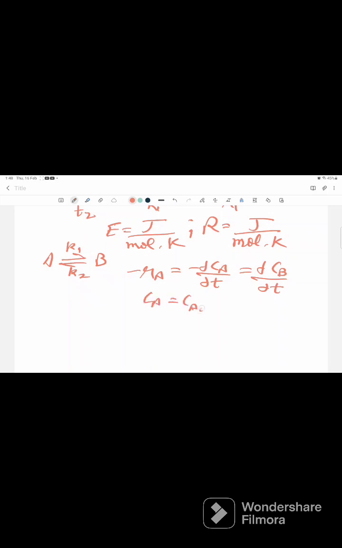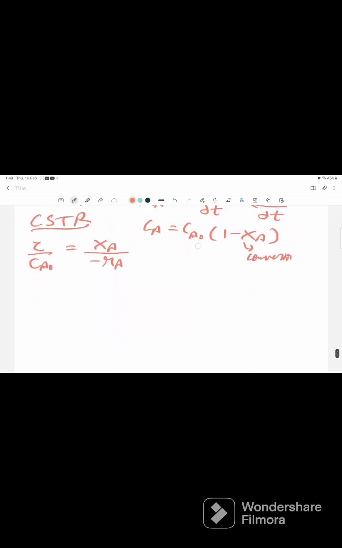CA is defined as CA naught times (1 minus XA). This is conversion. For CSTR, we can write the equation tau by CA naught is equal to XA by minus RA. Okay, guys.